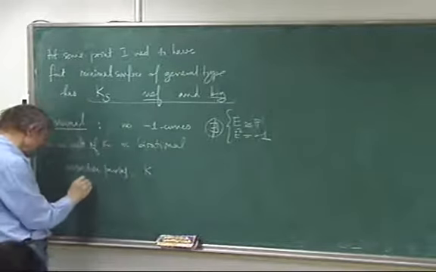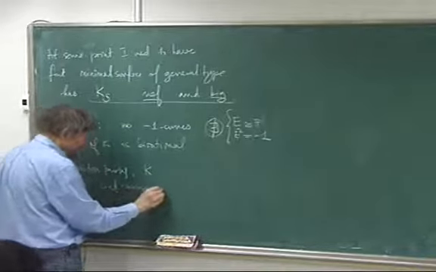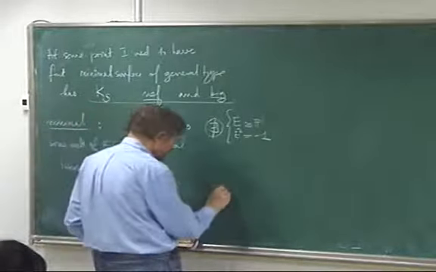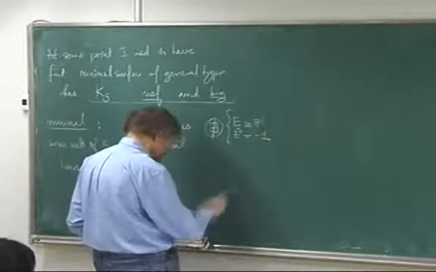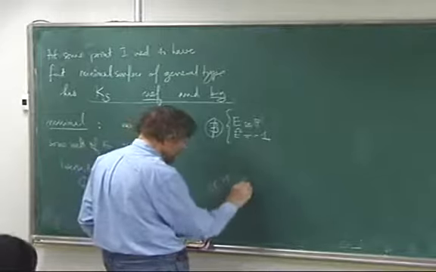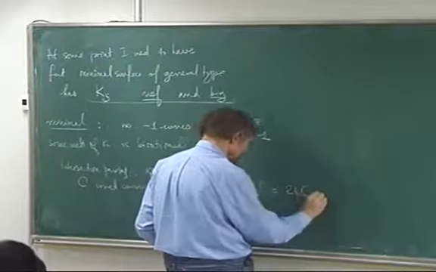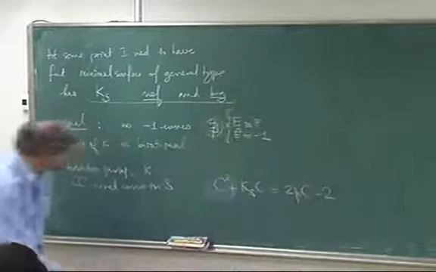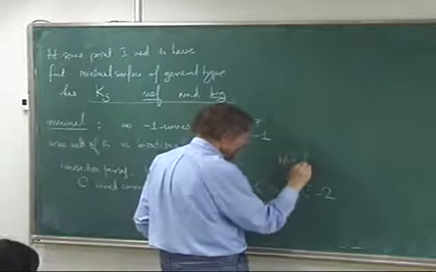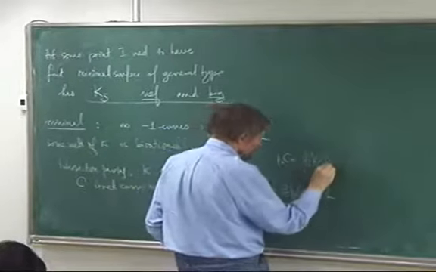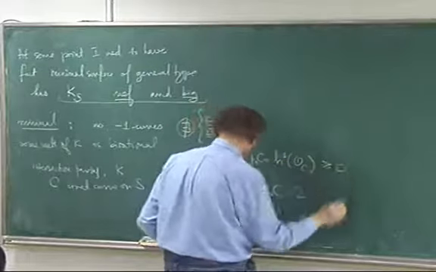Now, if C is an irreducible curve on S, then I have C squared plus Ks times C is 2 PA of C minus 2, and the PA of C is the dimension of H1 of OC, which is greater than or equal to 0.